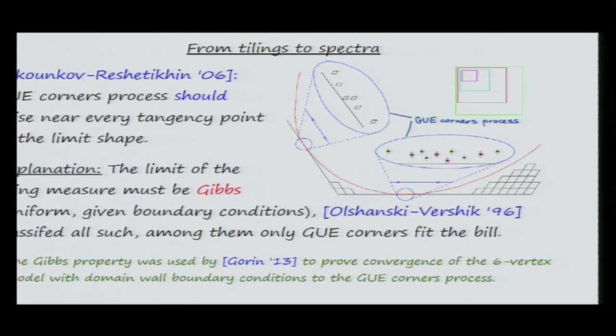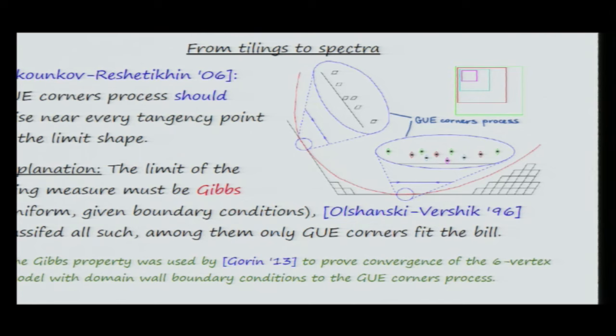Let me stick with this one. Then you might observe some frozen parts, and then there will be a limit shape. And so if you look at the point where the limit shape touches the border, right? So something like that. Then near that tangency point, you can see that the geometry of tilings needs to be similar to the random matrix picture.